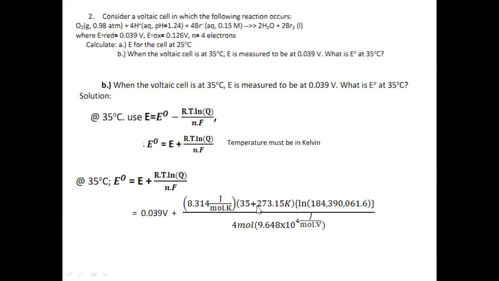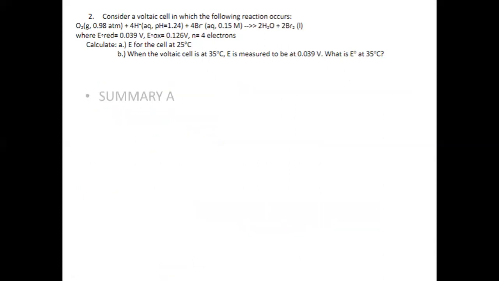So 35 degrees Celsius plus 273.15 kelvins times the natural logarithm of the one we solved earlier for Q at 184,390,061.6 all over 4 moles times 9.648 times 10 raised to 4 joule per mole volts. Okay, this quantity is the Faraday constant. Now, this gives us the value for our final answer at 0.1653 volts.